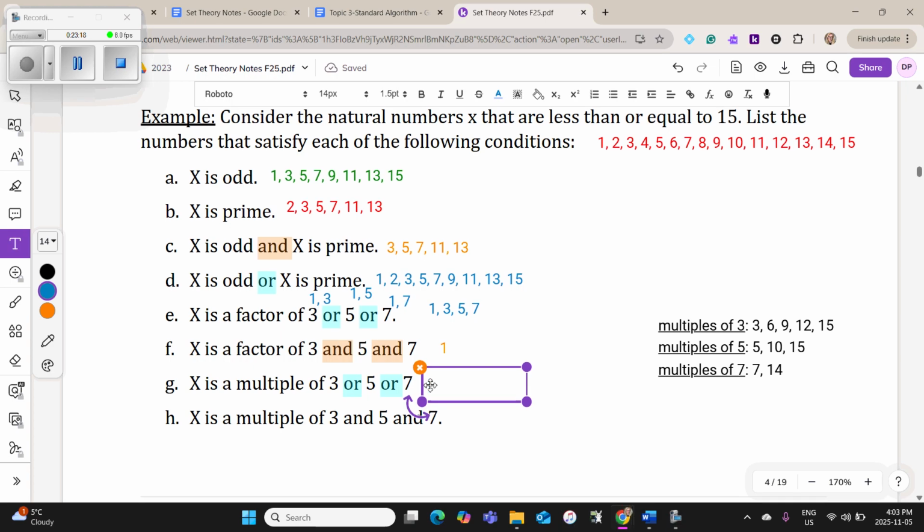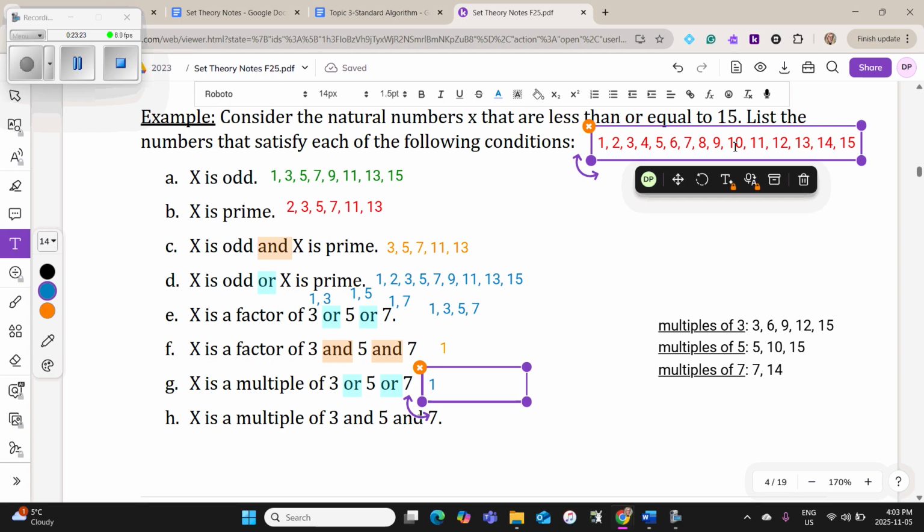So 3, 5, 6, and I am attempting to write them in ascending order, so hopefully I can not miss one. Okay, so I have 3, 5, 6, 7, 9, 10, 12, 14, 15.